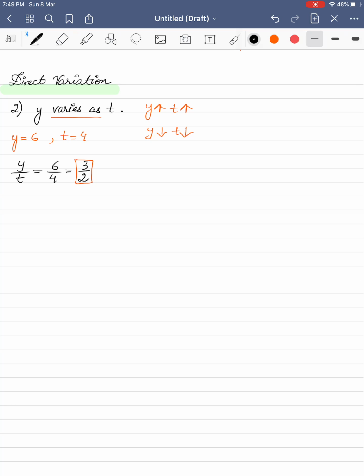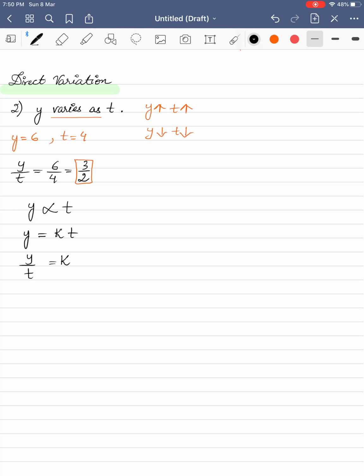Moving on further with the question, now we need to write varies as in a mathematical way. So, y varies as t. This is the mathematical symbol for varies as. We can further write this as an equation, y is equal to kt. Now we can find the value of k by dividing y by t.